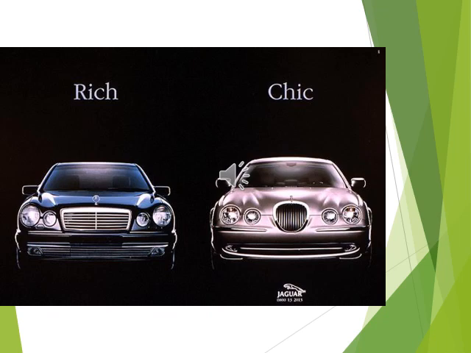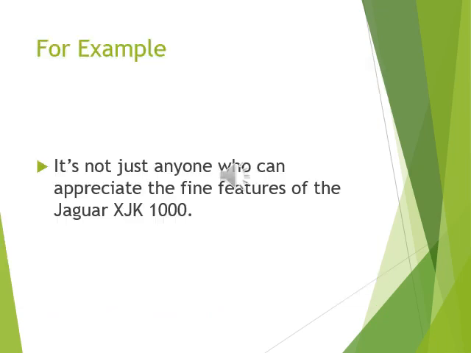And so therefore they're appealing to a wealthy person's self-image, that they want to be thought of as having exquisite taste. They're fashionable. They have sophistication. Advertising that appeals to snobbery often refers to exclusivity, how only the select few can understand and appreciate the subtle features of this product.